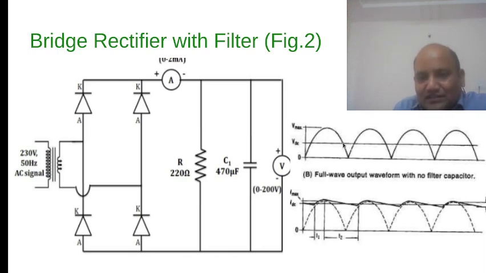But when the output drops across the load, the capacitor discharges. If the time constant RC of the circuit is selected properly relative to the time period of this pulsating DC, the capacitor discharges only up to this point.